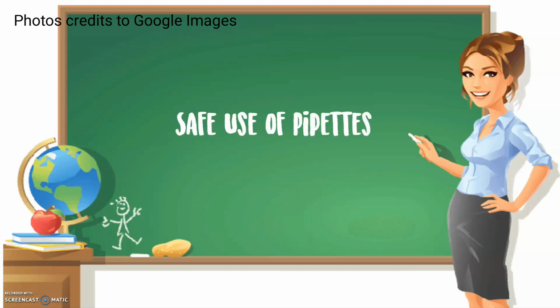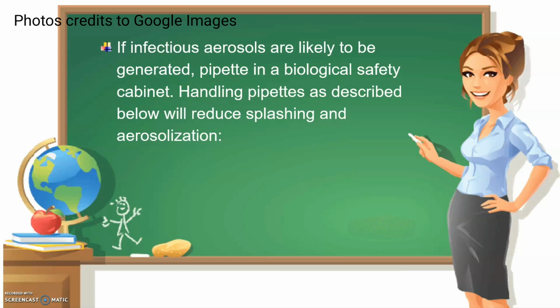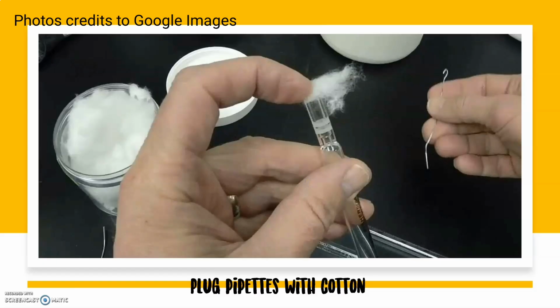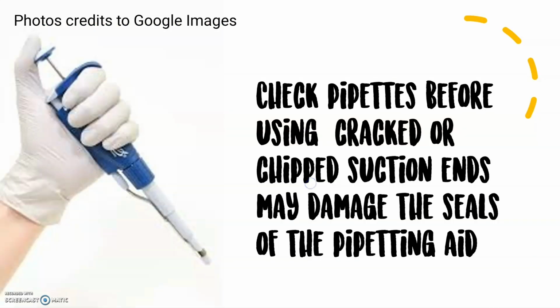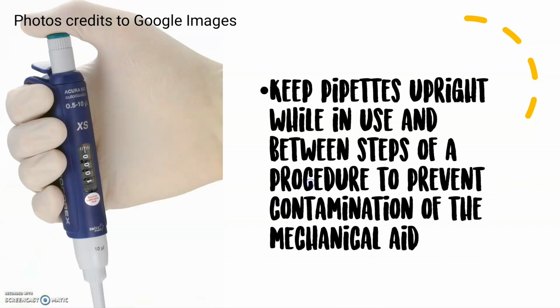Safe use of pipettes. If infectious aerosols are likely to be generated, pipette in a biological safety cabinet. Handling pipettes as described below will reduce splashing and aerosolization. Plug pipettes with cotton. Check pipettes before using; cracked or chipped suction ends may damage the seals of the pipetting aid.